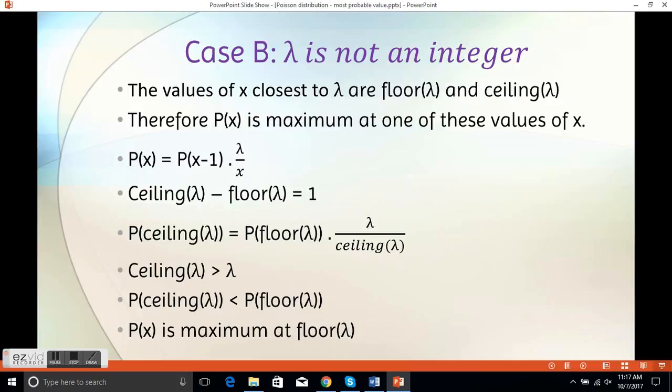So we get probability at ceiling of lambda is equal to probability at floor of lambda into lambda divided by ceiling of lambda. But we know that ceiling of lambda is greater than lambda. So probability at ceiling of lambda is less than probability at floor of lambda. So out of these, which one is greater? Probability at floor of lambda is greater. And we know that at one of these, the probability has to be maximum. So this means that probability is maximum at floor of lambda.